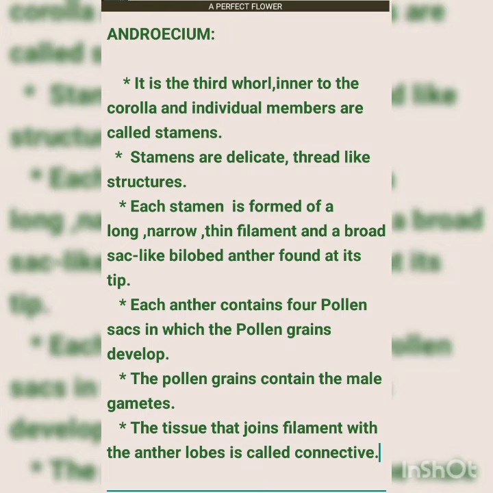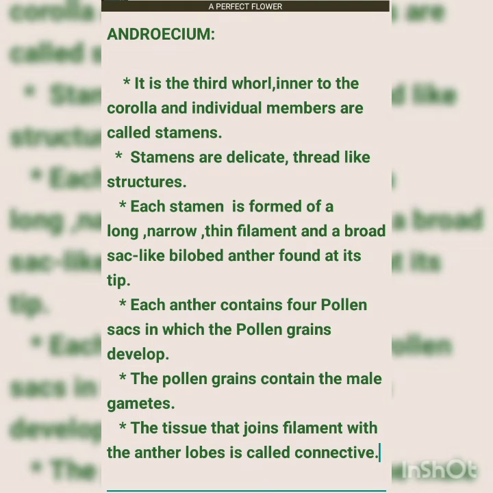Each anther contains 4 pollen sacs in which the pollen grains develop. The pollen grains contain the male gametes. The tissue that joins the filament with the anther lobes is called the connective. Stamens are the male reproductive parts of the flower.